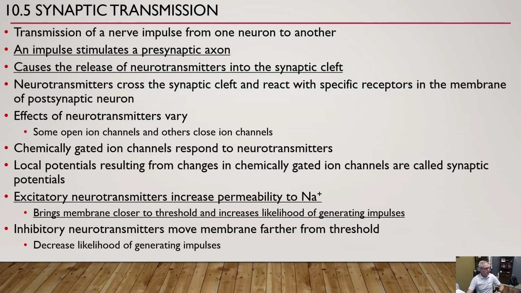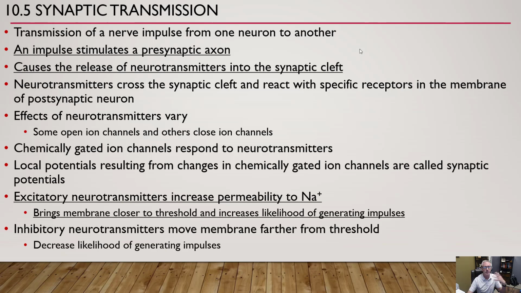All right, so we kind of covered some of this on the last slide, and the slide a couple slides before. So the transmission of a nerve impulse from one neuron to another. We drew the presynaptic neuron to the postsynaptic neuron.